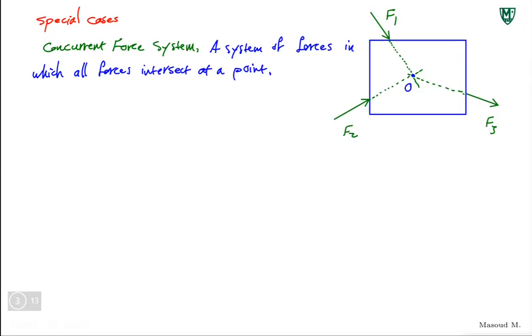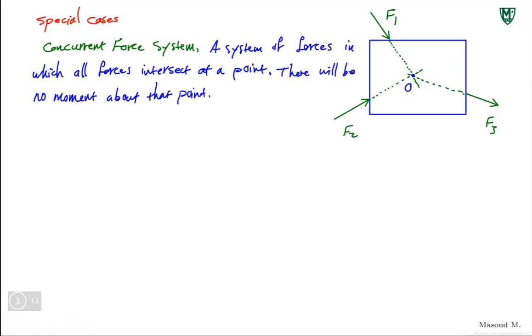The D value, the perpendicular distance, would be 0. In this case, it's located where all these forces intersect. So there is going to be no moment about that point.